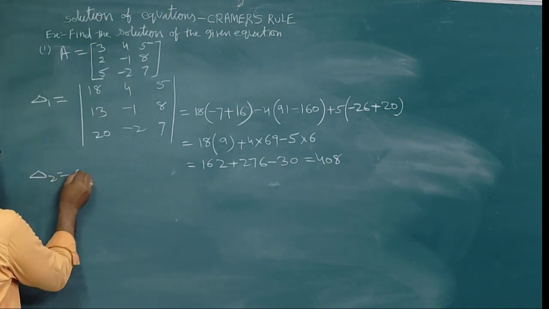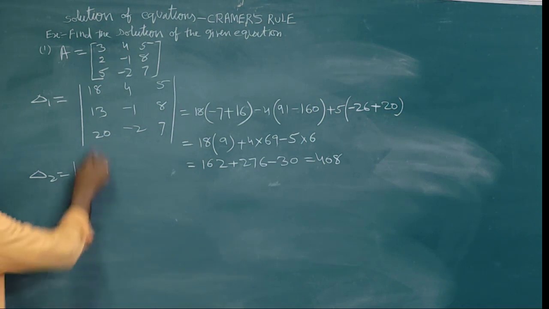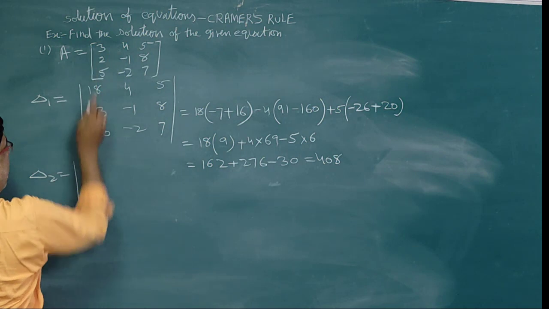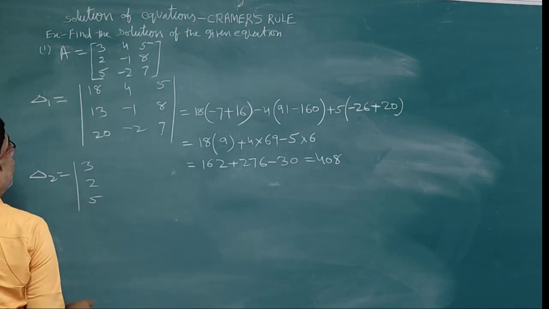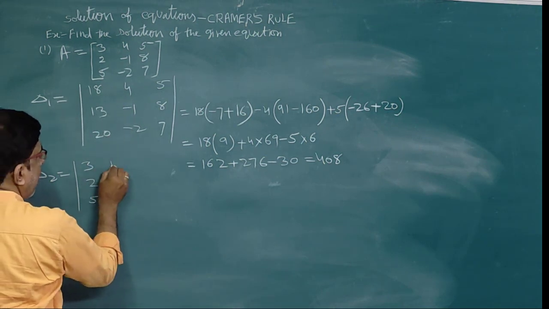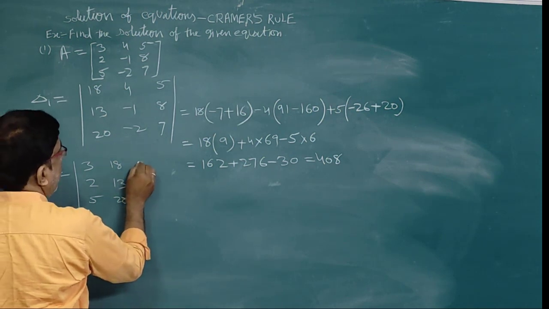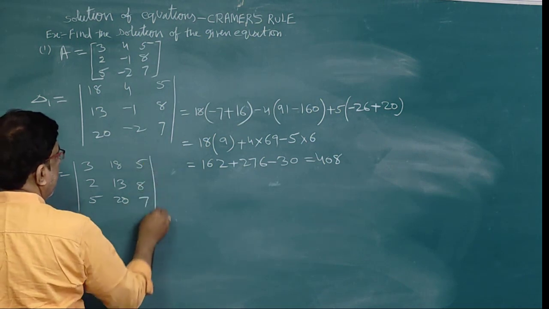Delta 2 is what? Same determinant, but in place of the x column 18, 13, 20 you have to write the y column, right? What is the x value? Here it is 3, 2, 5. So 18, 13, 20, and 5, 8, 7.